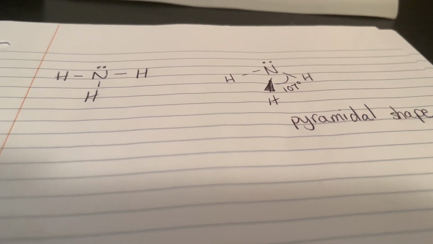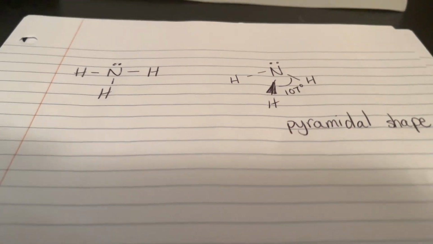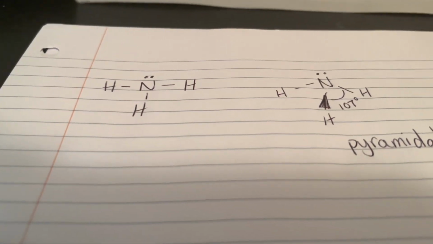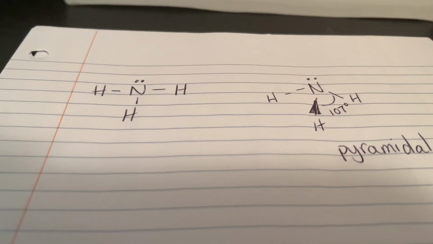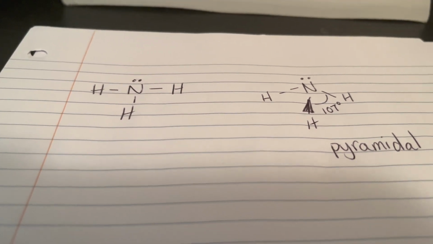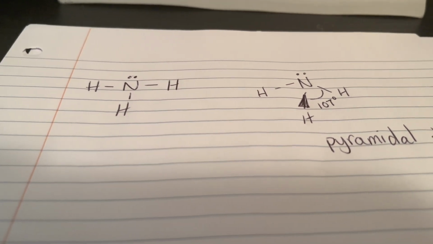Okay, so the tetrahedron was composed of 4 bonds, right, with angles at 109 degrees from each other. The pyramidal shape has 3 bonds, right, at angles of 107 degrees from each other. And then they have that unbonded pair of electrons.